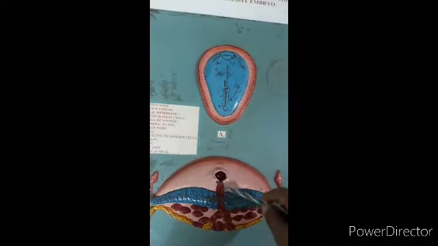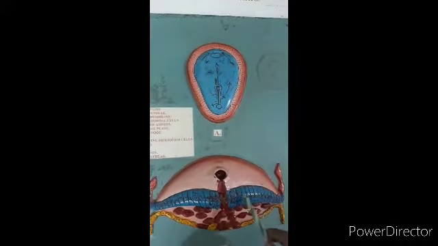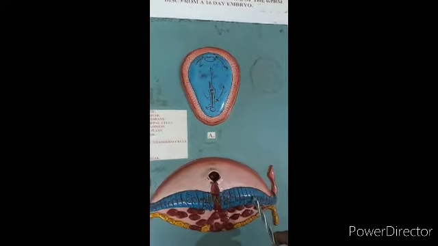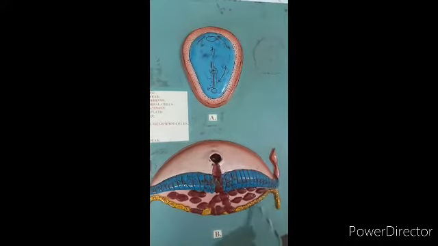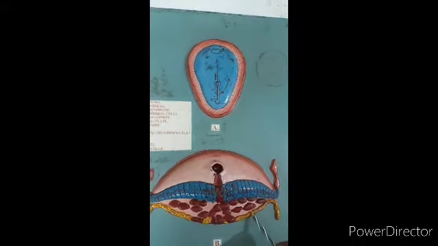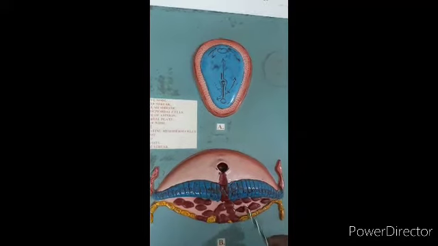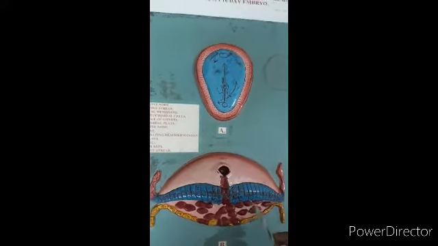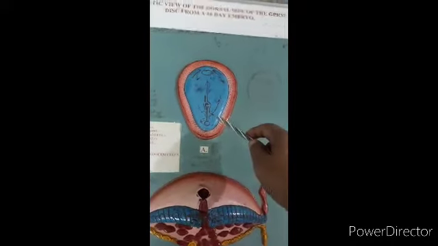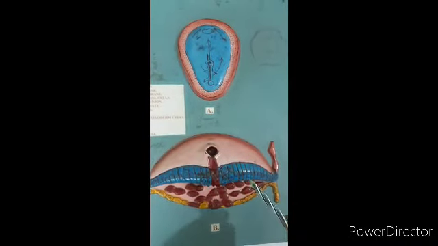This is the primitive streak, this is the primitive pit, and this is the embryonic ectoderm, which is formed by the epiblast. These are the embryonic endoderm, which is formed by the hypoblast, and in between these two there are these red color cells. These are the embryonic mesoderm. Okay, so by the formation of the primitive streak, the bilaminar disc converts into the trilaminar disc.